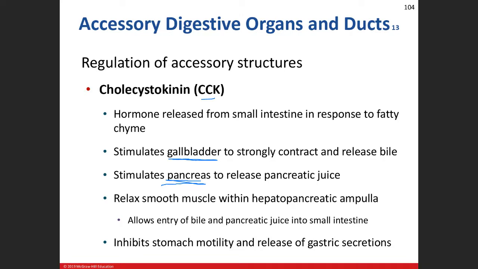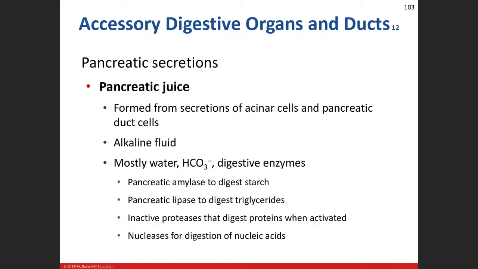And then the pancreatic juices here, and if you don't remember, the ingredients for our pancreatic juices are a lot of water, bicarbonate, and enzymes that are going to help to digest starch, more fats, and we're going to release, this is important, the inactive protein enzymes, because they can't be active.